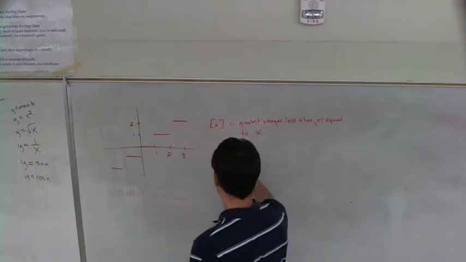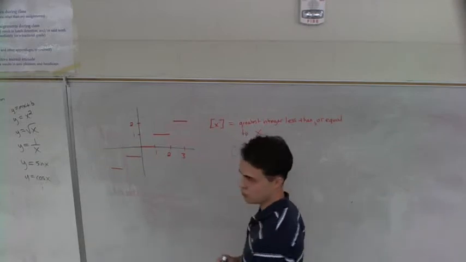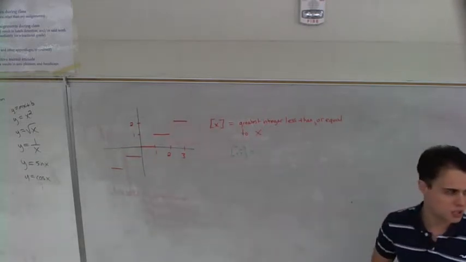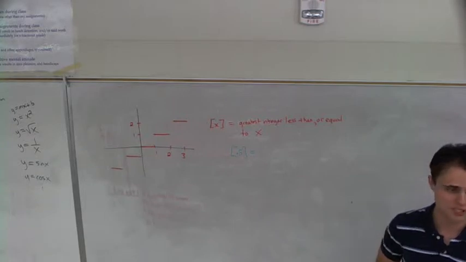So if I plug in 0.5, what's the greatest integer less than or equal to a half? Less than or equal to 0.